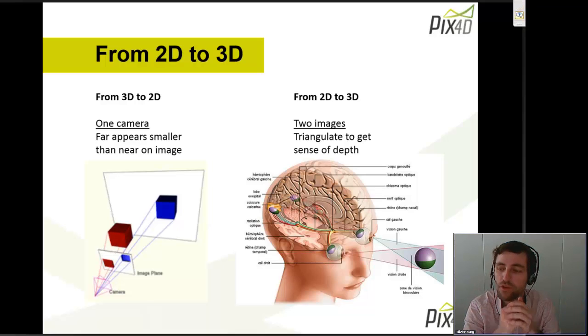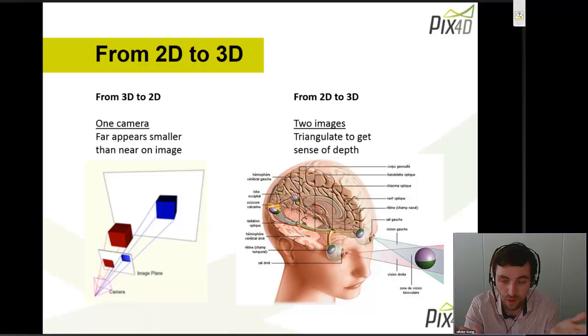The most important thing is that you are losing information about the distance to the object, and the object will also change size depending on its distance to the camera.